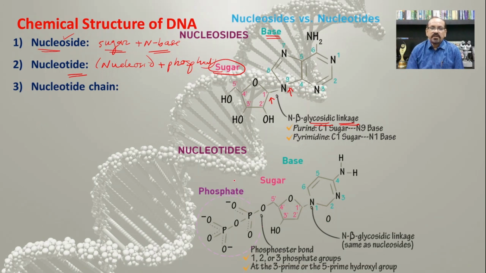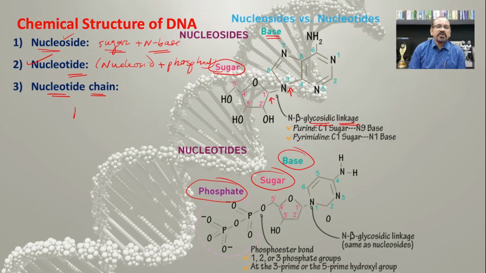So in this way one phosphate, one sugar and one nitrogen base are responsible for the formation of one molecule, and that is known as a nucleotide. When many nucleotides are present, it is known as a nucleotide chain, and when many nucleotides are present in the chain, it is known as a polynucleotide chain.